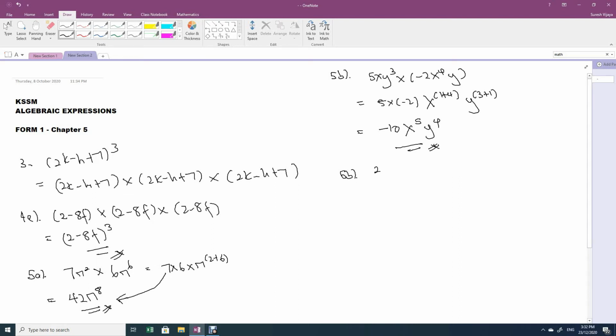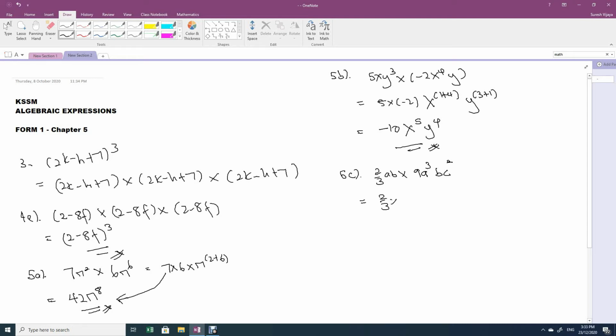Yeah, we have 2 over 3ab times 9a to the power of 3 and bc to the power of 2. So what we do is we multiply, yeah.